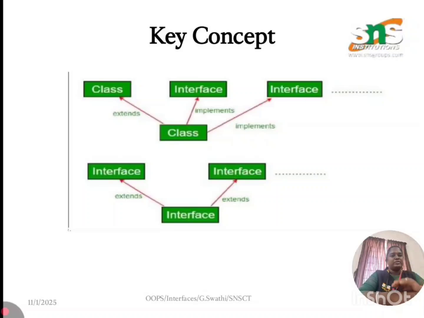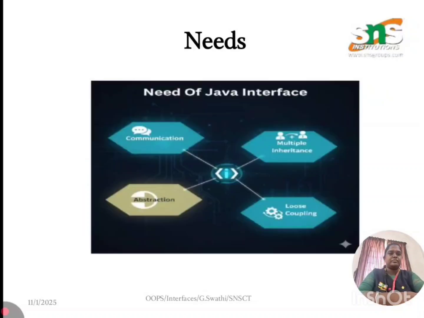So we use class, interface, implements. We are using it like this. And the needs of Java interfaces are for communication, abstraction, and majorly for multiple inheritance.